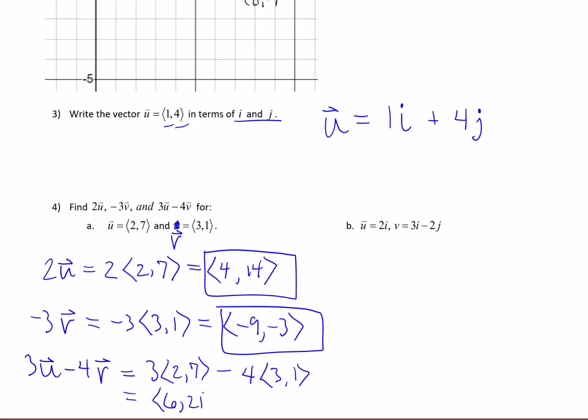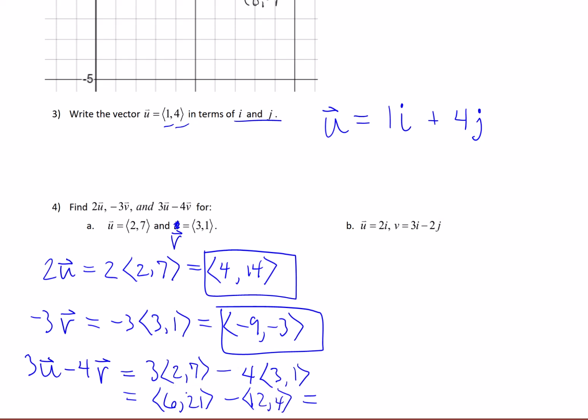21⟩ for the first vector minus ⟨12, 4⟩ for the second. But then, after doing the scalar multiplication, we're subtracting vectors. And as we defined above, you can subtract vectors by just keeping the order specified. So I'm going to subtract the first horizontal component minus the second in that order.